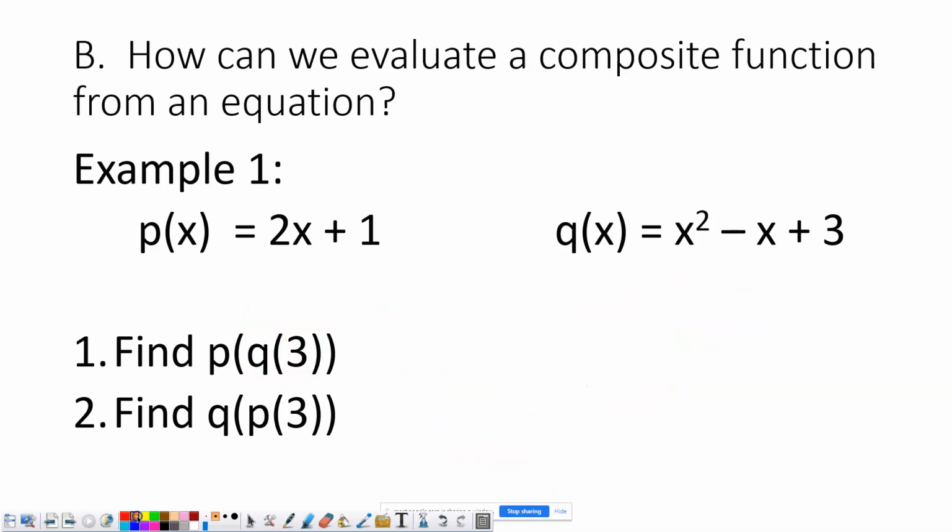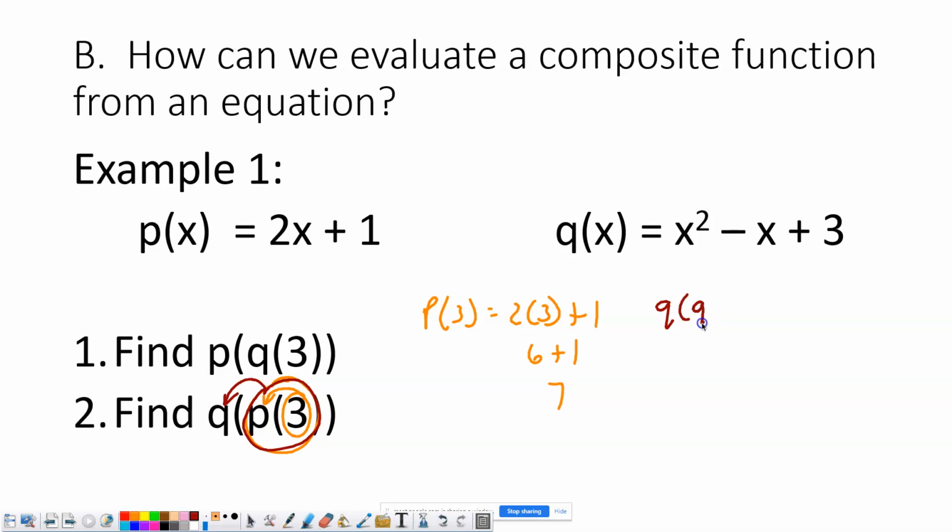So you just basically start from the inside out. So now I'm going to plug 3 into p, and I get 7. So now I'm going to take what p of 3 equals, which is 7, and I'm going to plug that into q.